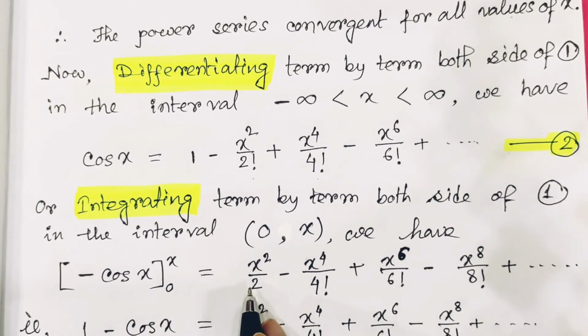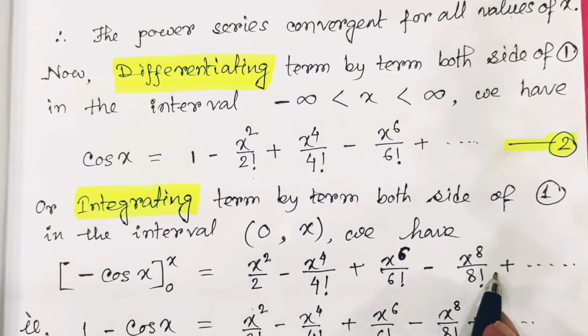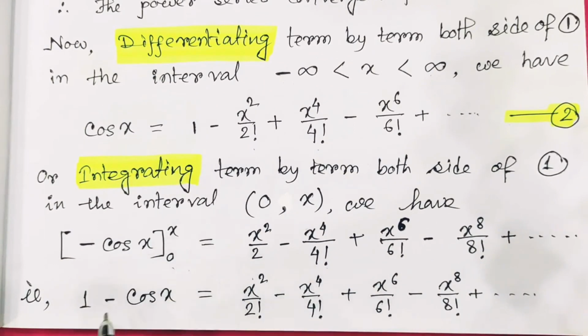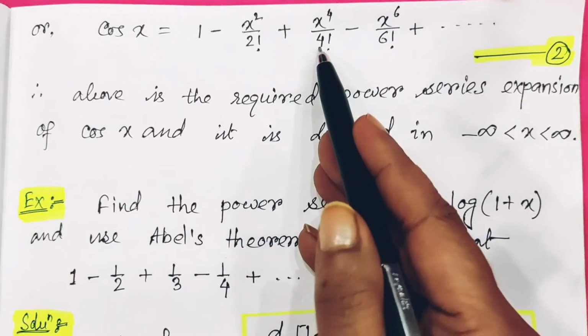The first term is x, its integration is x square by 2. The second term in the given series is x cube by 3 factorial, so its integration is x to the power 4 by 4, and 3 factorial into 4 means 4 factorial. Now, if we substitute the limits of integration, we get 1 minus cos x equal to this entire expression. If we keep cos x on one side and take 1 to the other side, then take the minus common and cancel out, we get the same series as before.